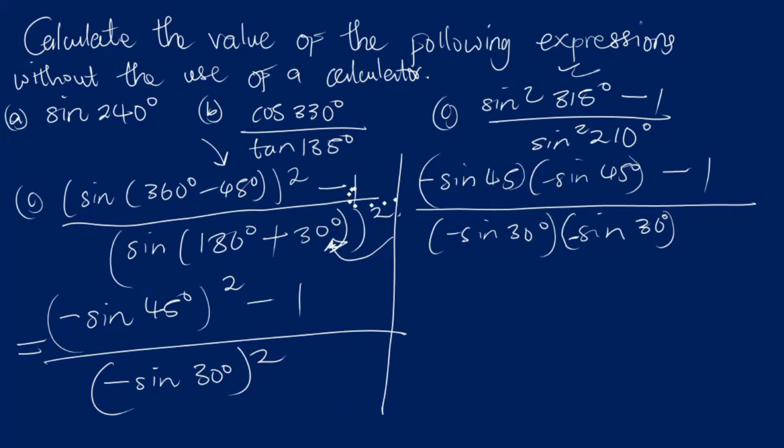And then here, what do we end up having? Basically, this is a difference of two squares. I'm not sure if you can see that, but this is a difference of two squares. Because this is one term, and this is one term. So I open two brackets there. I can factorize that.